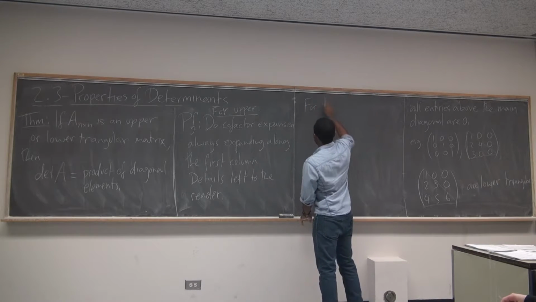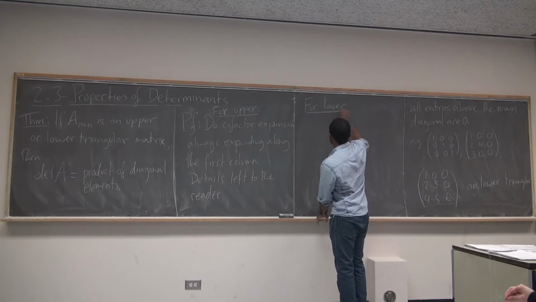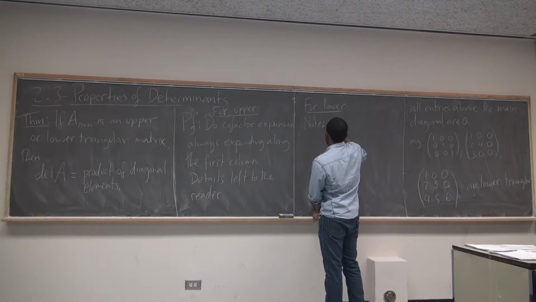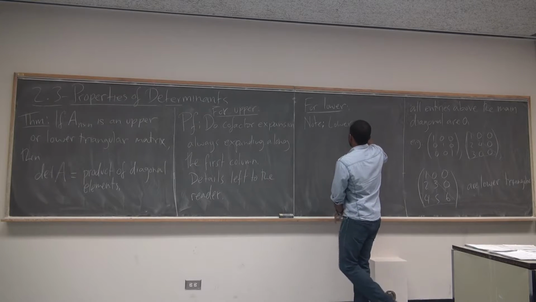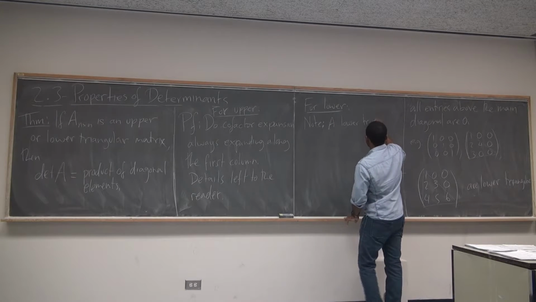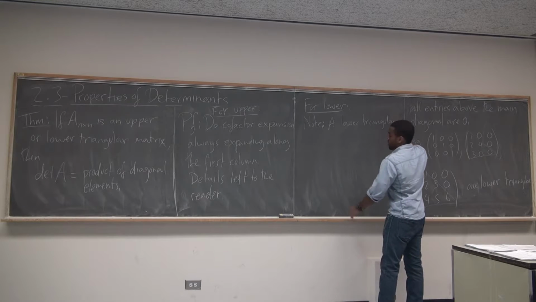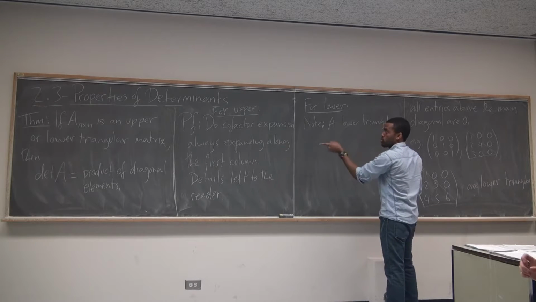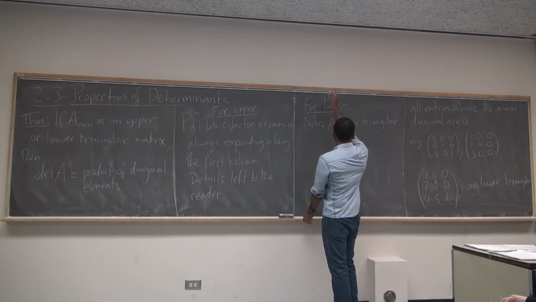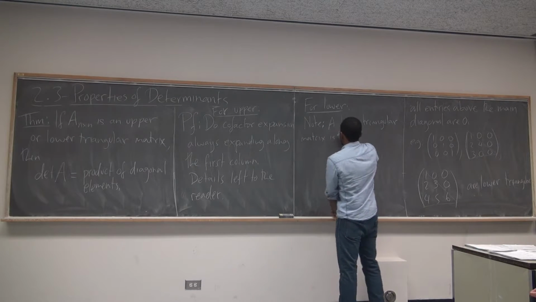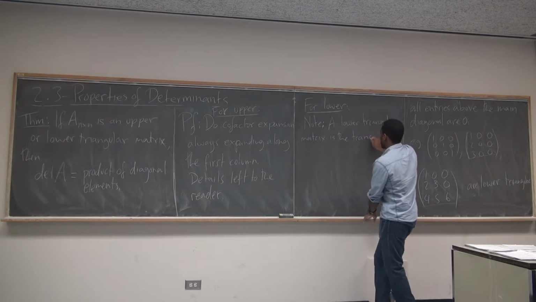For lower triangular, note a lower triangular matrix. Now you could do something direct like this. You could just always expand along the first row. But you could also notice that a lower triangular matrix is the transpose of an upper triangular matrix, isn't it?